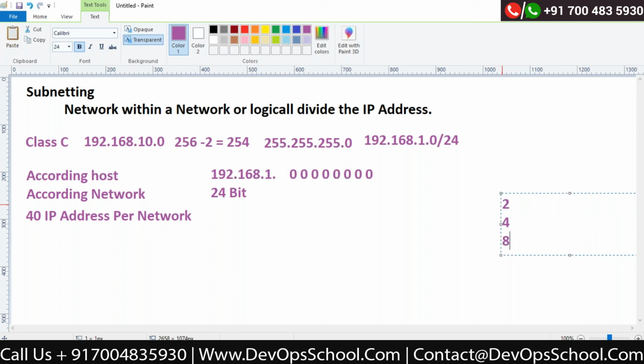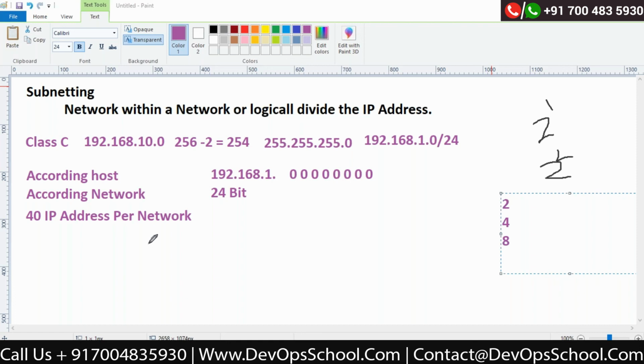It is 8. Correct? What you are actually doing is trying to make sure which power would be able to serve your purpose. I will say 2 raised to 1. Does it give 40 hosts? No. 2 raised to 2. Is it going to have 40 hosts? No. I require the required hosts.